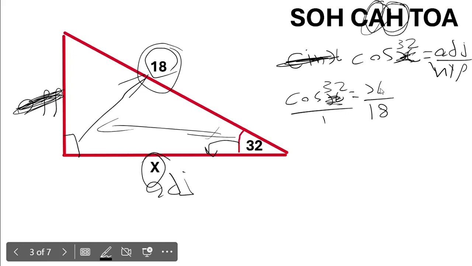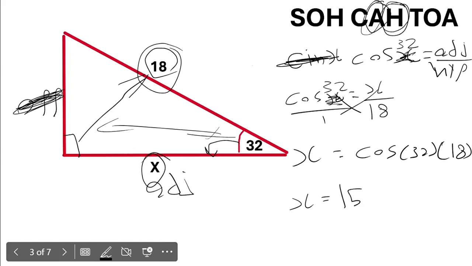Now cross multiplication, x equals cosine 32 times 18. Now in calculator, cosine 32 times 18, x equals 15.26.